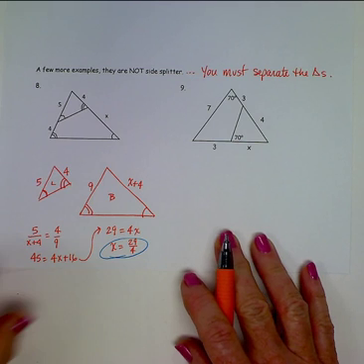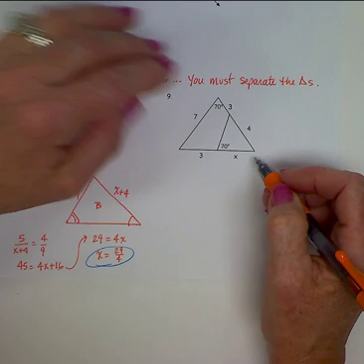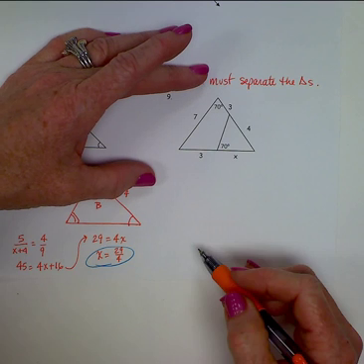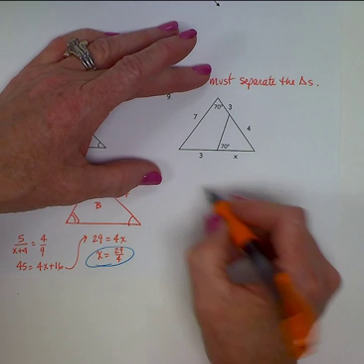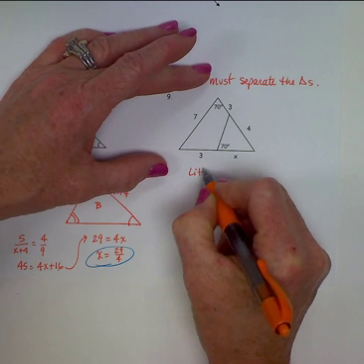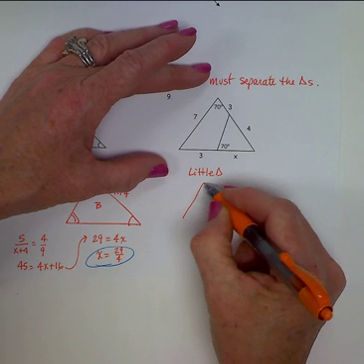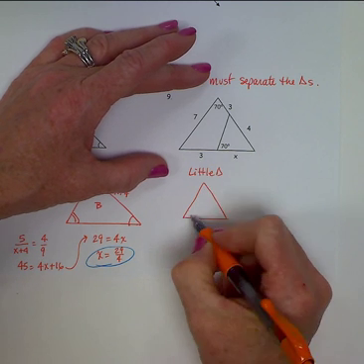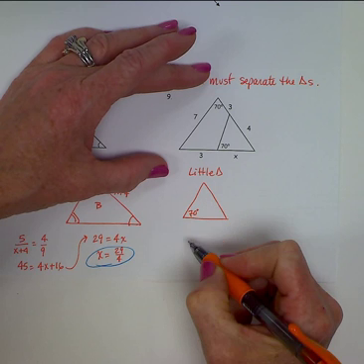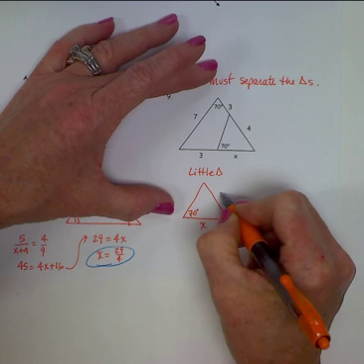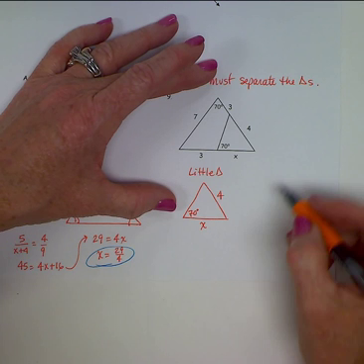All right, let's take a look at this one. We have big triangle and little triangle. 70 degrees, an X, and a 4. Big triangle.